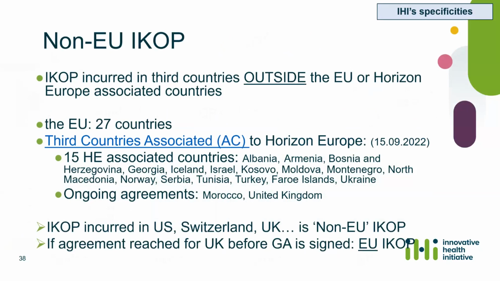So in case you have some ICOP that is incurred in the US or in Switzerland or in the UK, it will need to be considered as non-EU ICOP. And if by the time of the grant agreement, the UK has become formally an associated country to Horizon Europe, then the ICOP will be considered as EU ICOP.